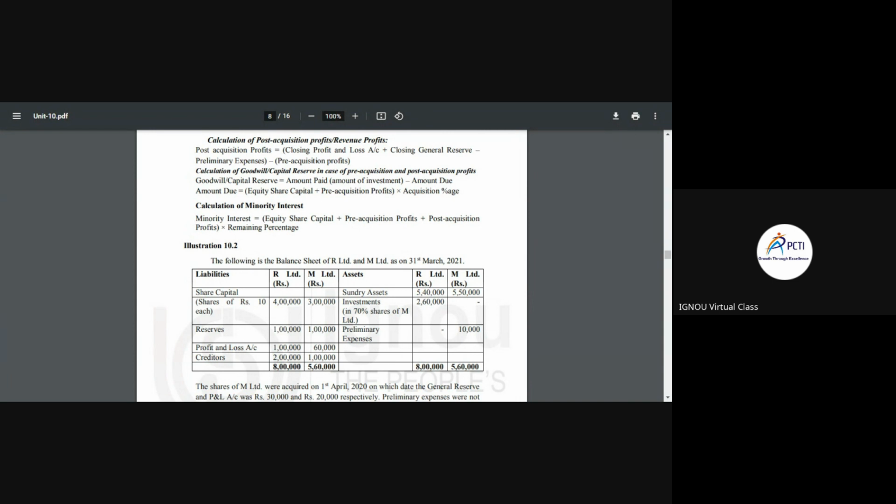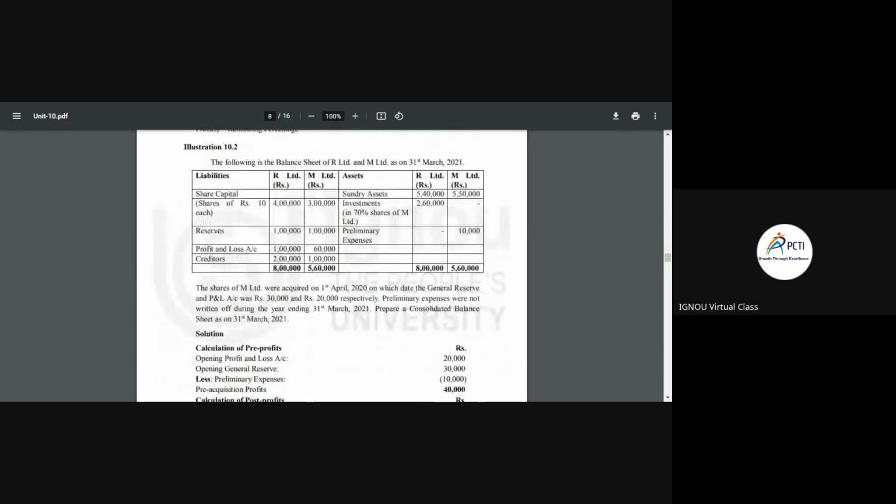The amount due is equal to equity share capital, then we add pre-acquisition profit, then we multiply by the acquisition percentage. Next one is the calculation of minority interest. Minority interest is equal to equity share capital plus pre-acquisition profit plus post-acquisition profits, multiplied by the remaining percentage.